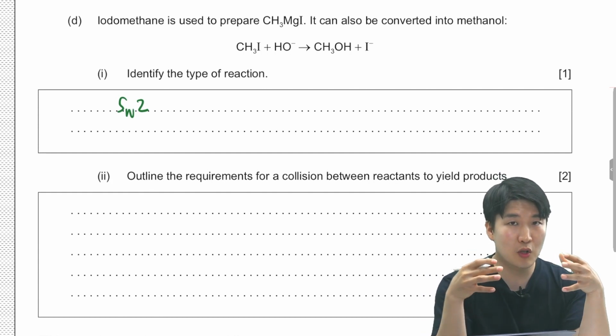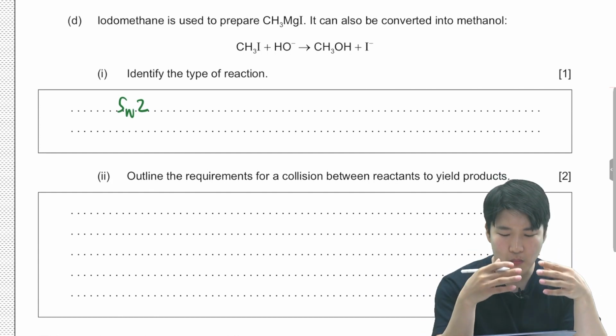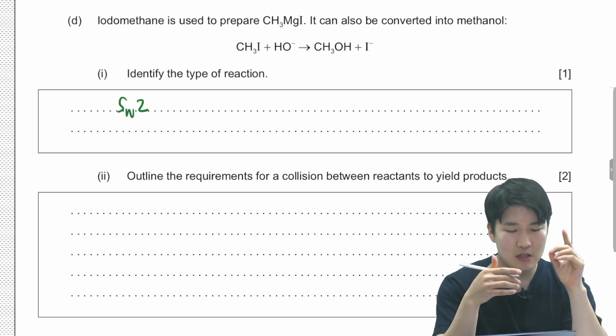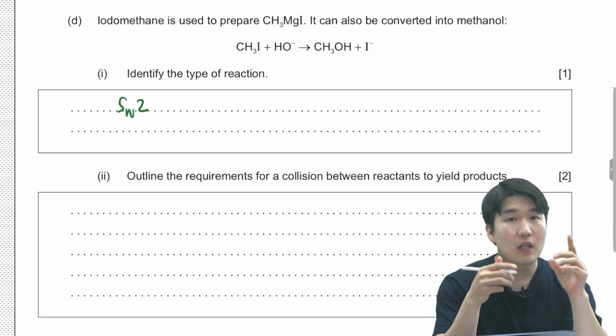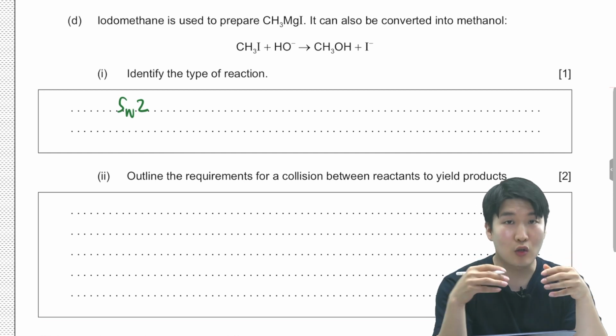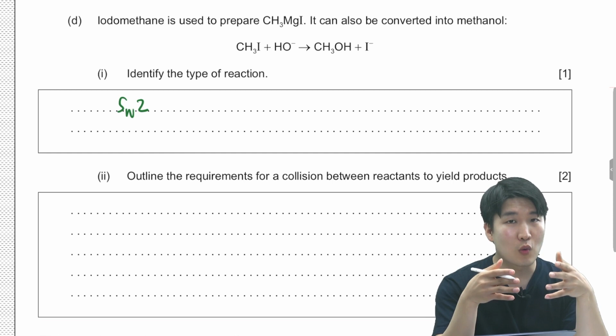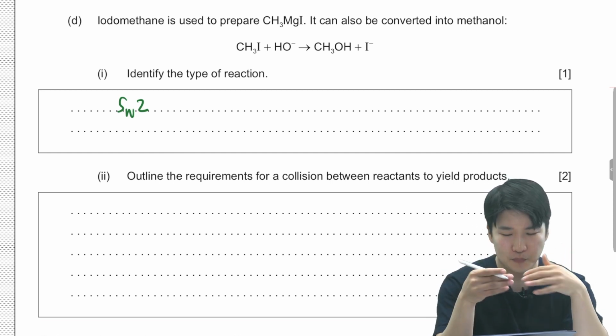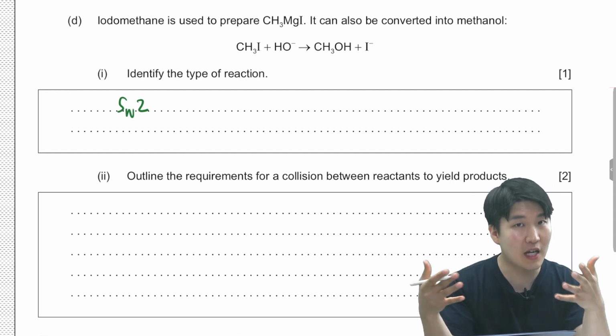Two reactant molecules colliding together must have, firstly, sufficient energy that's greater than the activation energy, as well as the correct geometry or orientation of the collision for successful reaction.